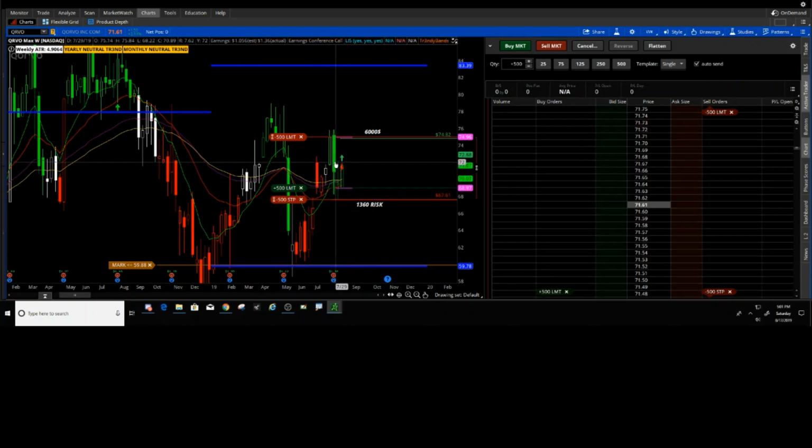So when this candle was here, we're able to take the trade at the monthly, 500 shares, $1,360 risk. It almost takes you out, pushes up, and currently it's up from there about almost $3. So in this case, on 1,000 shares, almost $3,000.